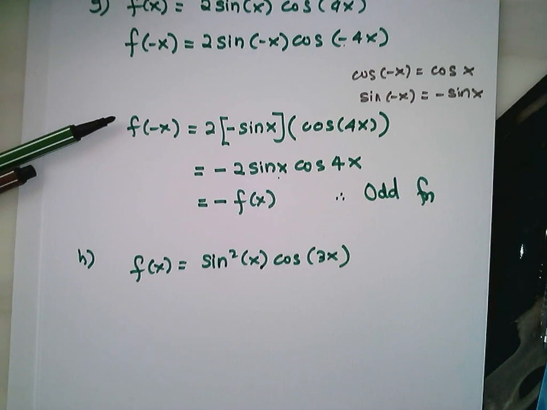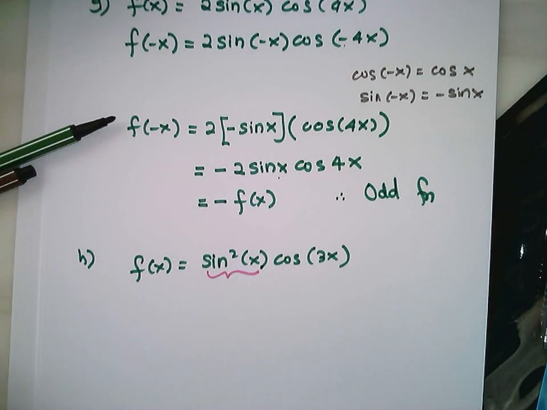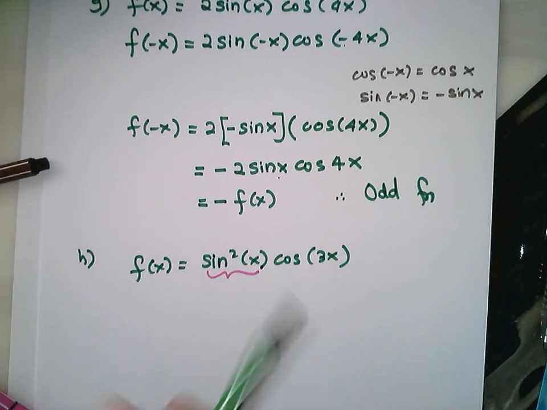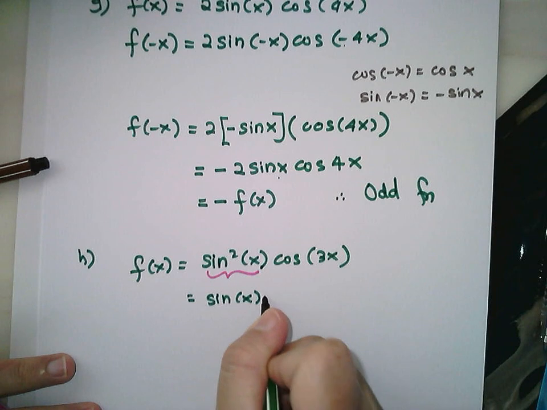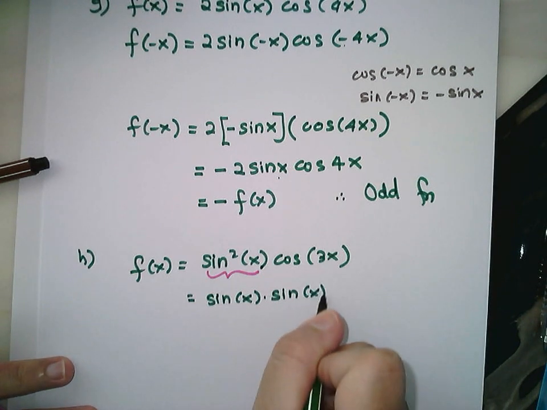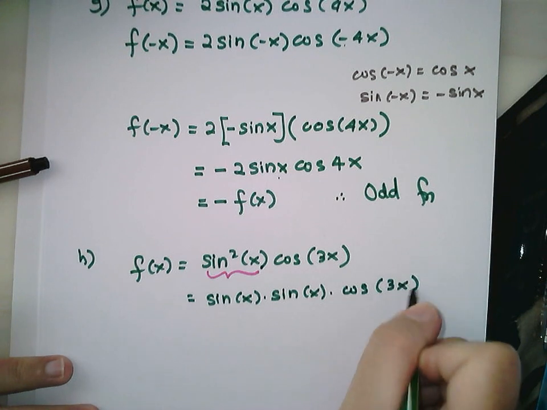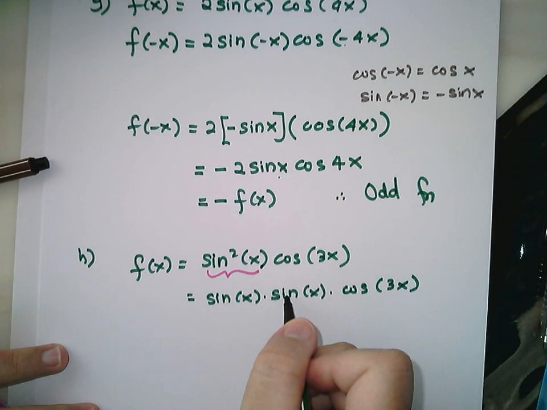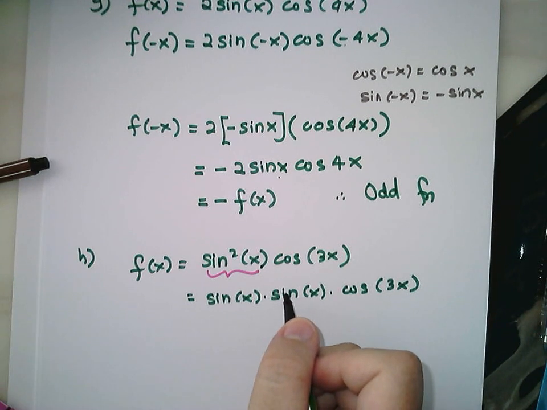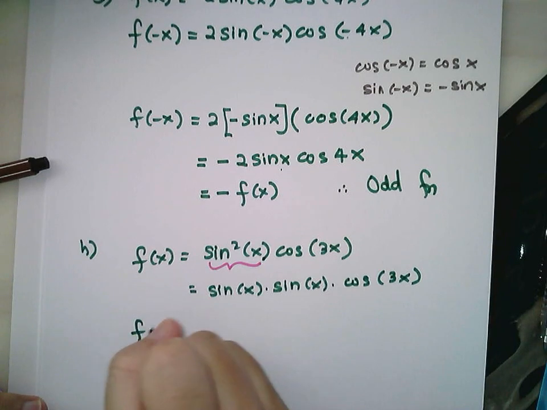What is the meaning of sine squared x? This one is equal to sine x multiplied by sine x, and the last one is cos 3x. So just split this into two functions first. If not, you might make a mistake. Then only you substitute negative x.